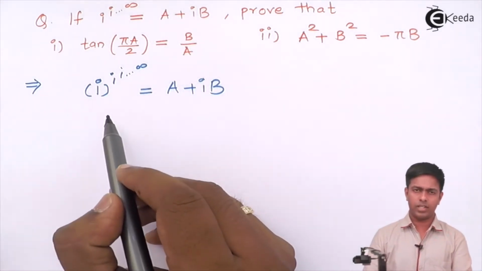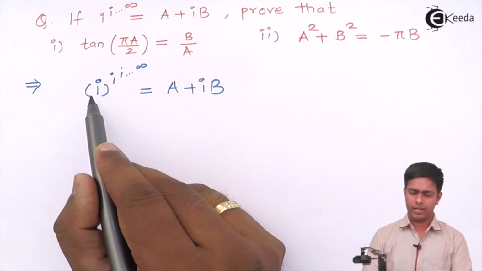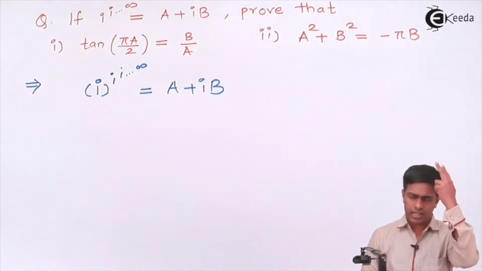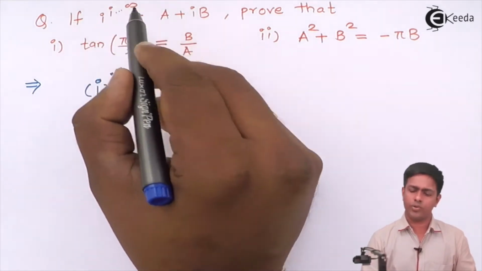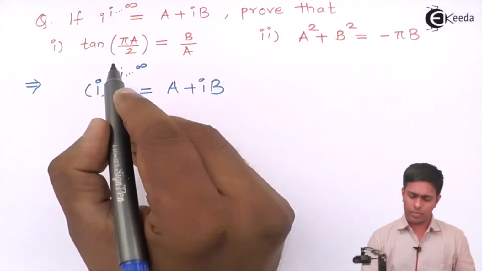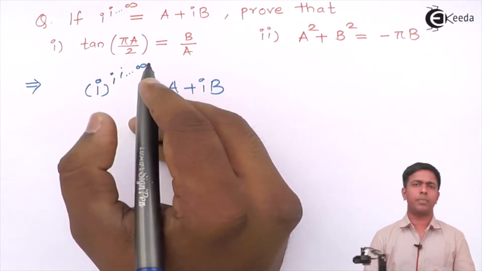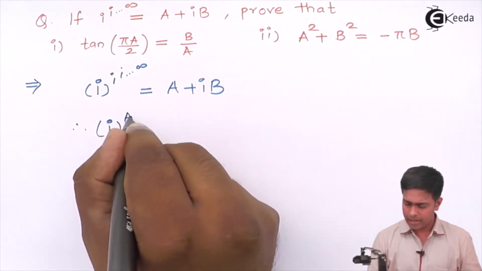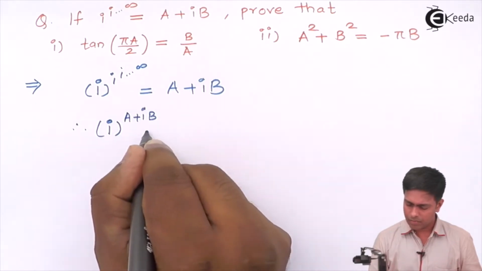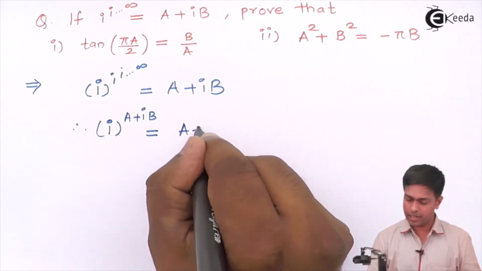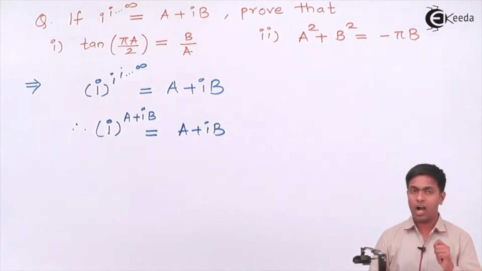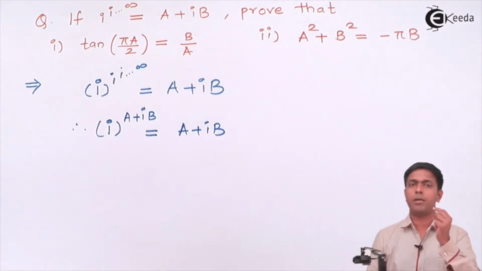If I remove this i separately and consider the remaining terms, i raised to till infinity, its value is still a plus ib. So this whole power is a plus ib. Therefore I'll say it is i raised to a plus ib, which is equal to a plus ib. I am sure you understood how I brought this a plus ib into the power.